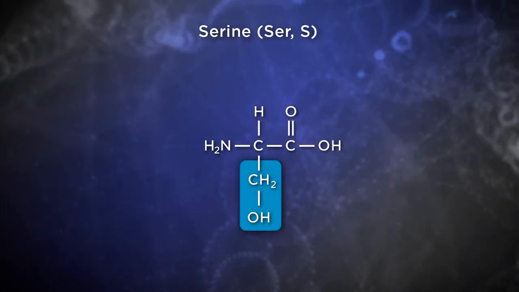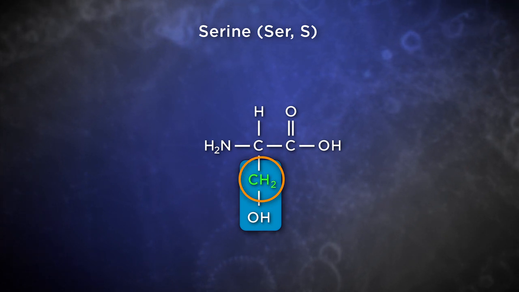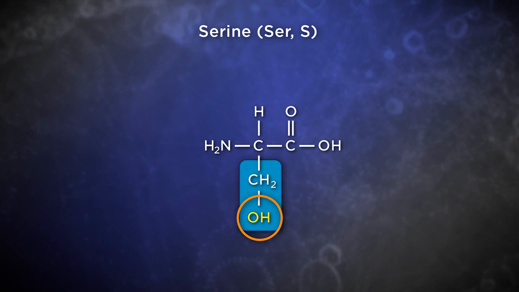Instead, the OH stays together, remaining uncharged and happily hydrogen bonding with water. The simplest of these water-friendly amino acids is serine, which has only a single carbon in its R chain, just like alanine, plus an OH at the end.